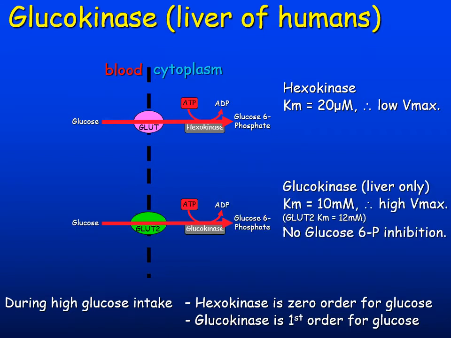So your liver has got a very sneaky adaptation. It expresses another glucose phosphorylating enzyme called glucokinase. It does the same job as hexokinase, but check out its Km. In this case, it's 10 millimolar. So this means it'll also have a really high Vmax. And this makes it a way better match for the GLUT2 transporter with a Km of 10 to 20 millimolar, which has also got a really high Vmax.